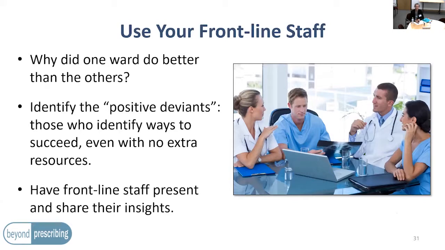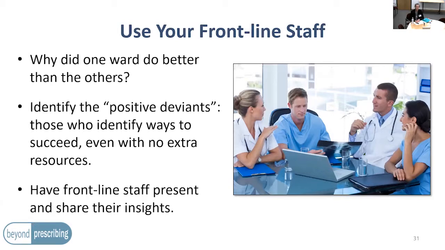And then there are positive deviants. This is an actual term in sociology, which means people who find ways to succeed even when they have no extra resources. And it actually came out of anthropology. The person who invented this observed that in very poor Vietnamese villages, there were always children who were better nourished than others.